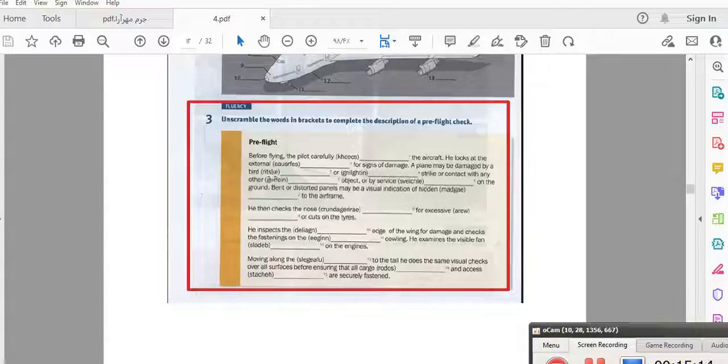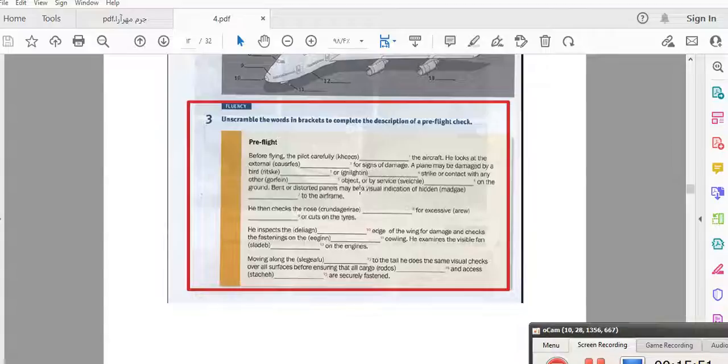Or a lightning strike, or contact with any other foreign object. Foreign object means outer object, whatever comes from outside. The pilot should check.